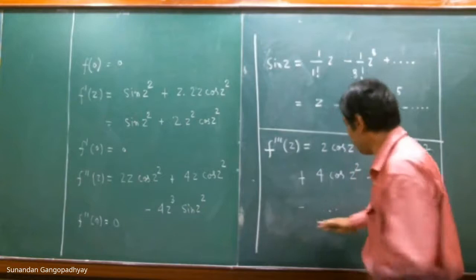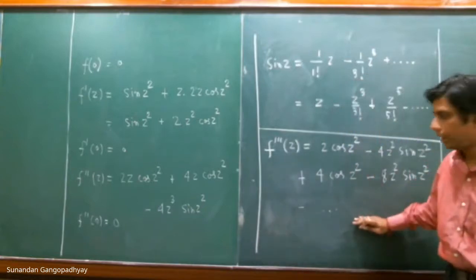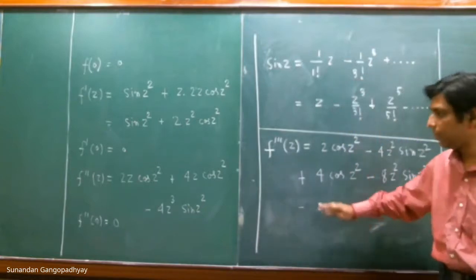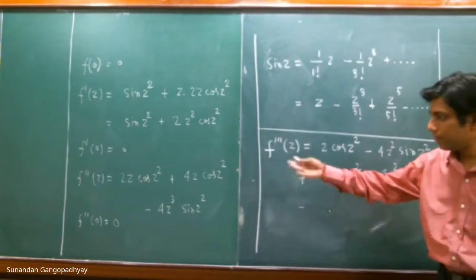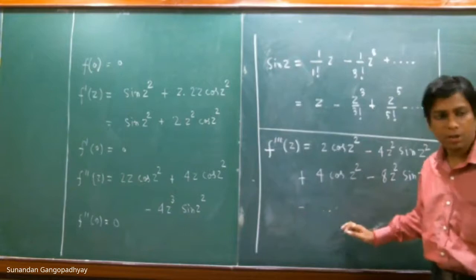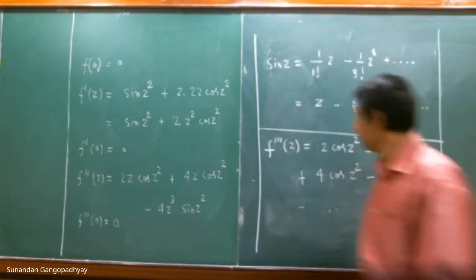So this term will be of order z square and so on. So this will be some function of z. I am not writing it down because you don't need it.